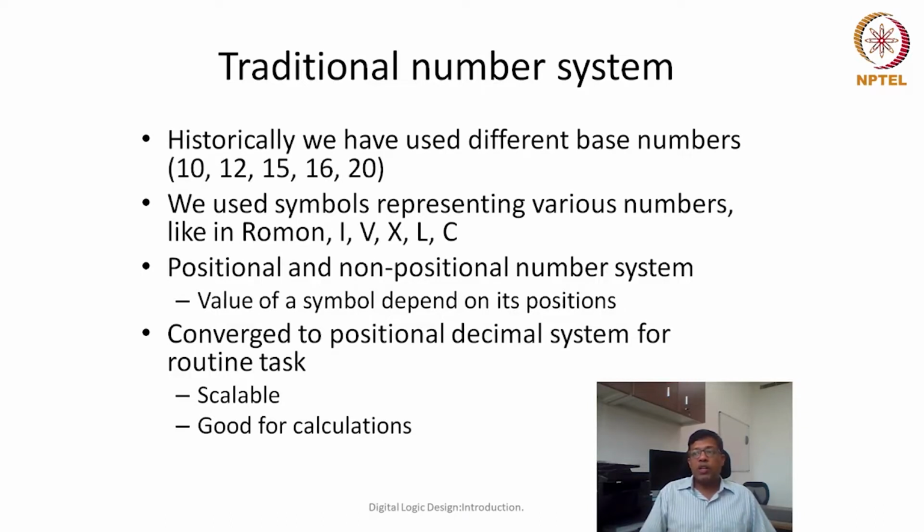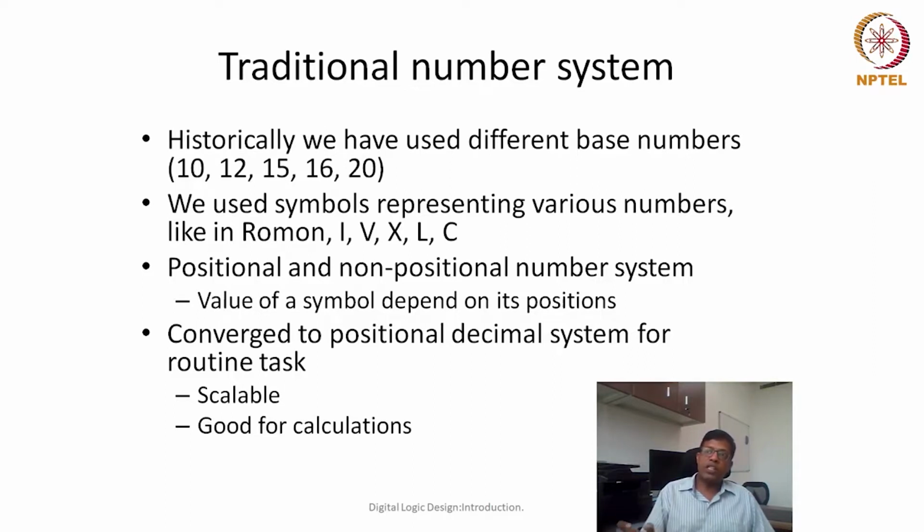So that's why finally we have converged onto a position based decimal system where the base was 10 and each position carried its own value. Okay, so based on this learning from history, we will simply use a position based system.